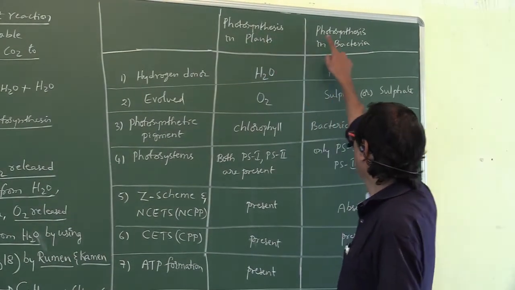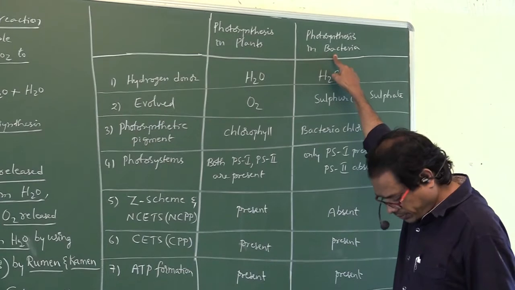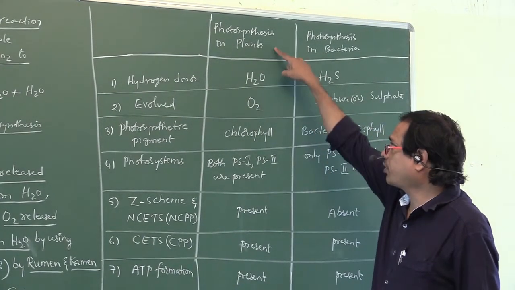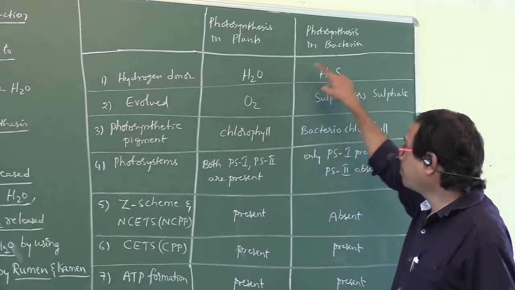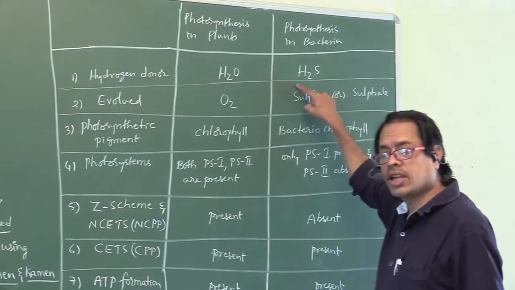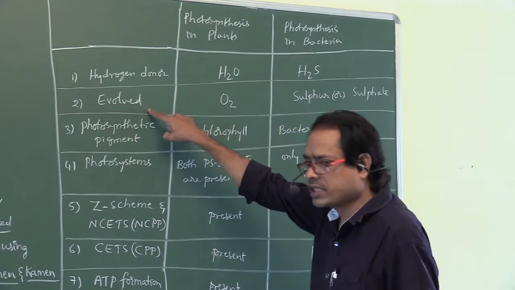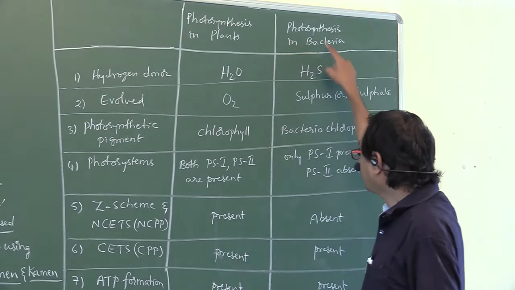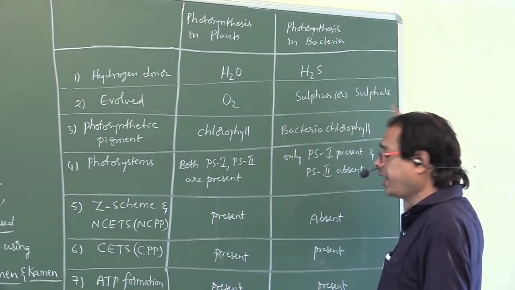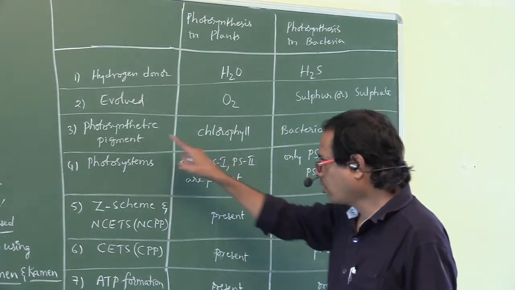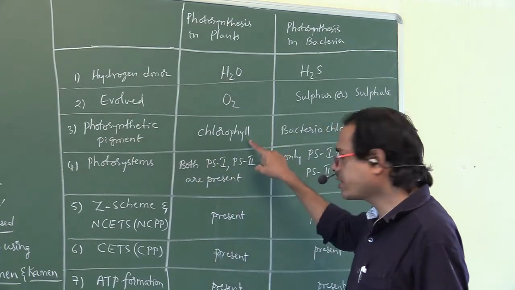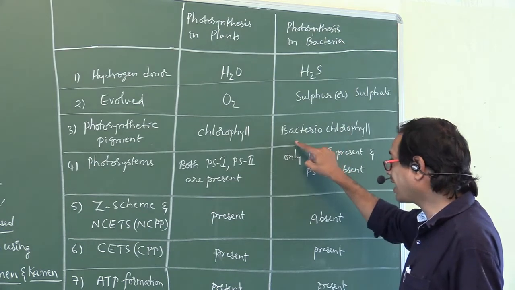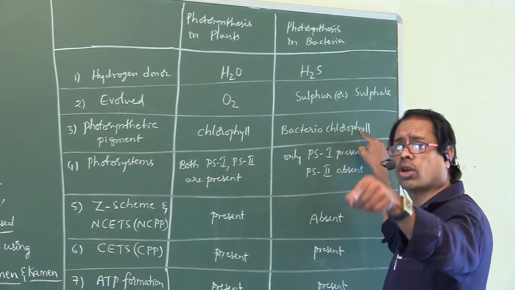Photosynthesis in plants, photosynthesis in bacteria. The hydrogen donor in plant photosynthesis is water, whereas in bacterial photosynthesis it is hydrogen sulfide. In plants, oxygen is evolved; in bacterial photosynthesis, sulfur or sulfate is released. The photosynthetic pigment in plants is chlorophyll; in bacterial photosynthesis it is bacteriochlorophyll. Don't say chlorophyll.